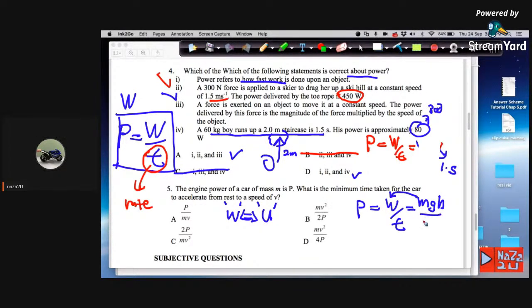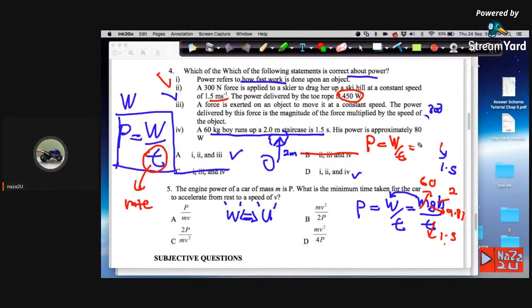So divided by T. Here, the mass is 60, the height is 2 meter, g is 9.81, and the time taken is 1.5. If you use the calculator, the answer given here is 80.